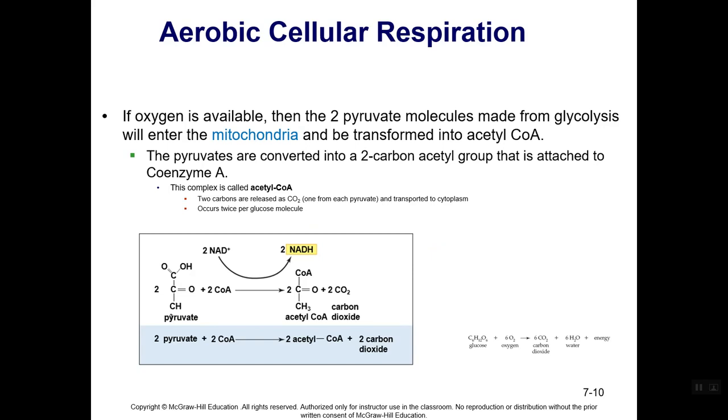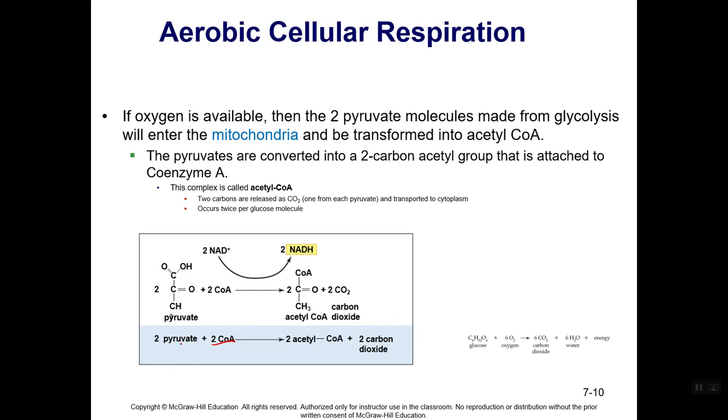Okay, so if oxygen is available, those 2 pyruvate molecules from glycolysis will enter the mitochondria, and they will be paired with 2 coenzyme A's. That will cause pyruvate to be transformed into another molecule called acetyl-CoA, and carbon dioxide will be yielded as a byproduct. Again, this is our prep reaction.